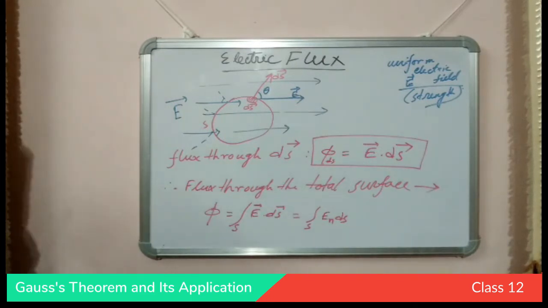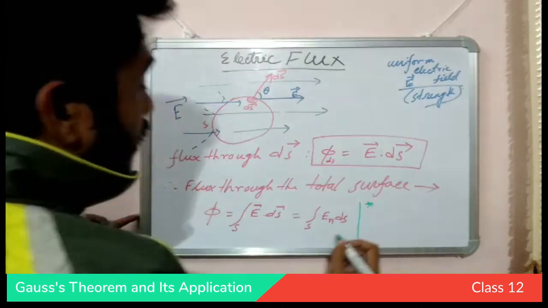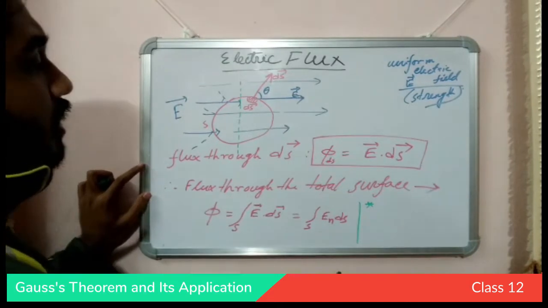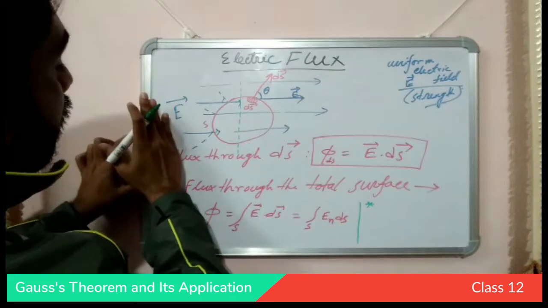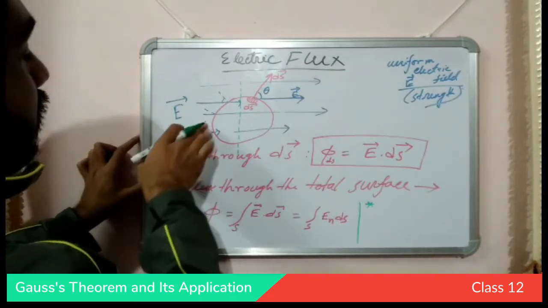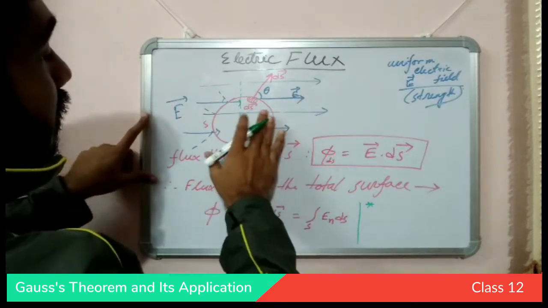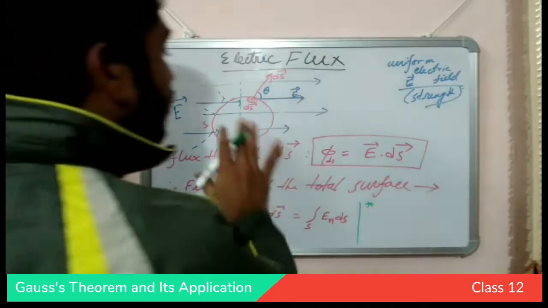So this is interesting, and we have to remember one thing. Suppose this is a fictitious plane. On the left side of this plane, the electric field is entering the surface, and on the right side of this plane, the electric field is leaving this surface.